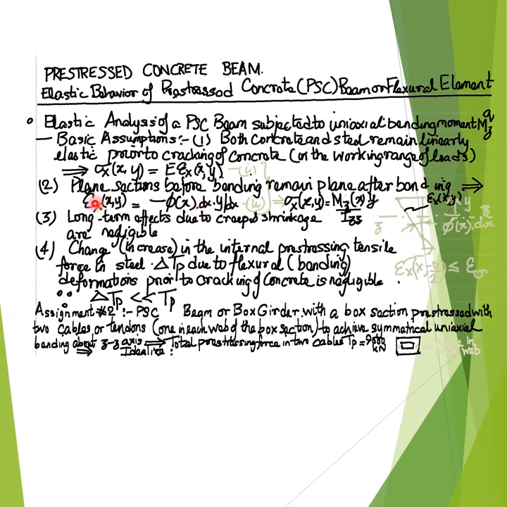The third basic assumption that has been inherently considered in the determination of the C line or the center of pressure line in case of the pre-stressed concrete beam considered in the solved example discussed in the previous slide is that long-term effects due to creep and shrinkage are negligible and ignored.